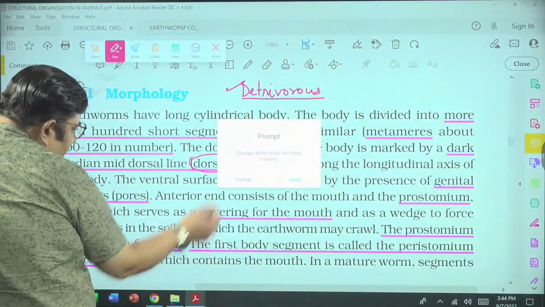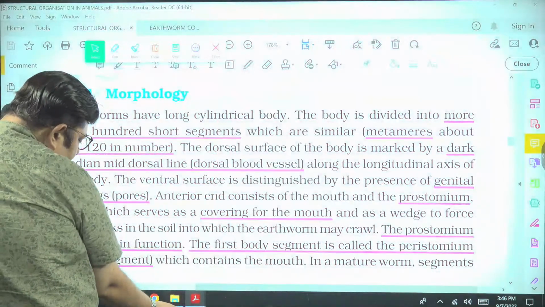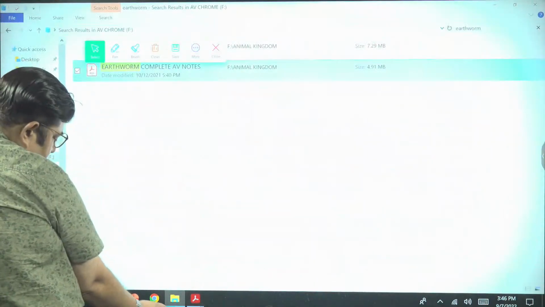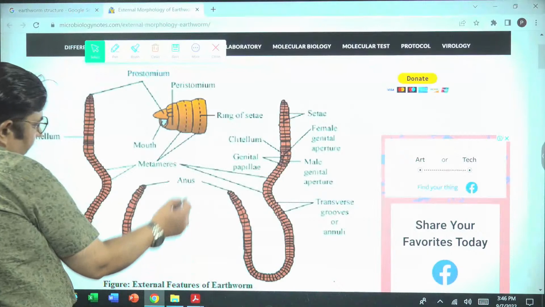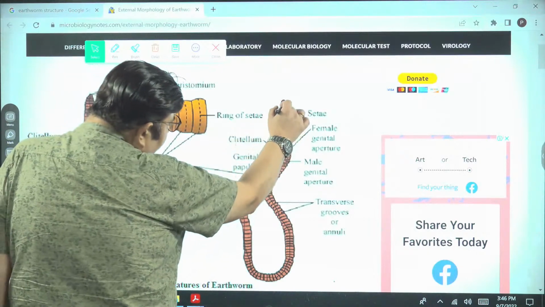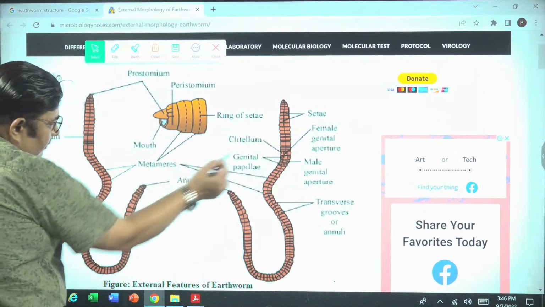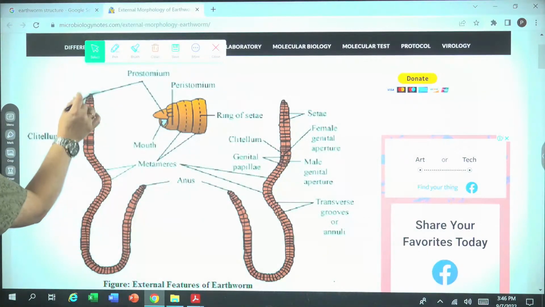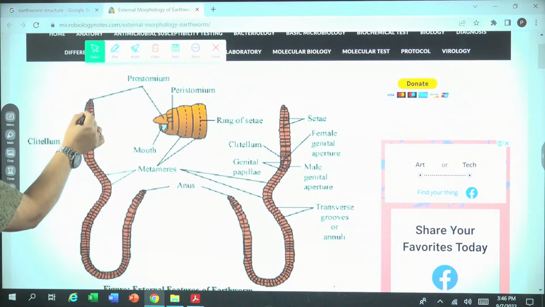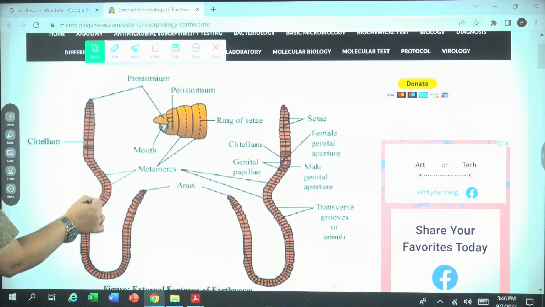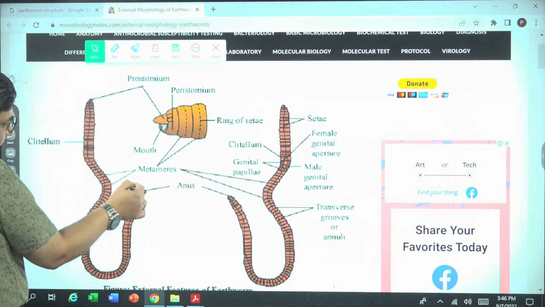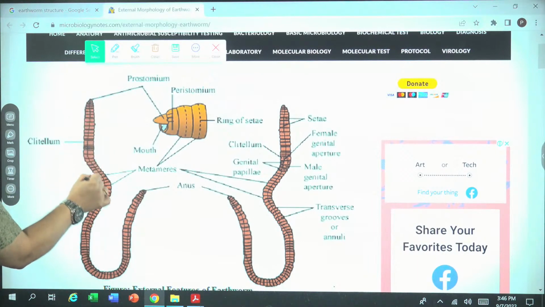I did not get the pictures, but I can show you that, for example, in this one the line has been shown on the dorsal surface. So this is the ventral surface and this is the dorsal surface, and you can see this mid-dorsal line. This is actually the dorsal blood vessel, the largest blood vessel in earthworm.